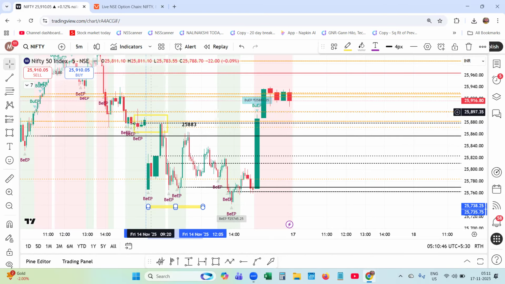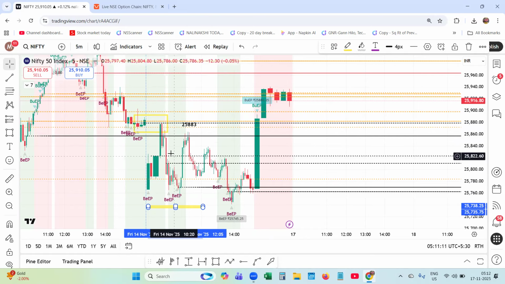This acted as a wall of resistance because the market had broken down this level. When the market approached this level, you could have turned to put options in the market. And again it plummeted, crossing all these new EP lines.